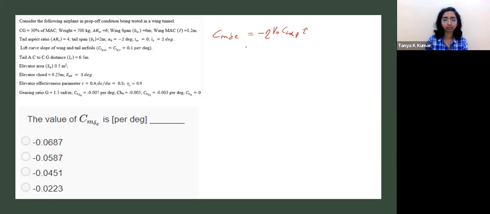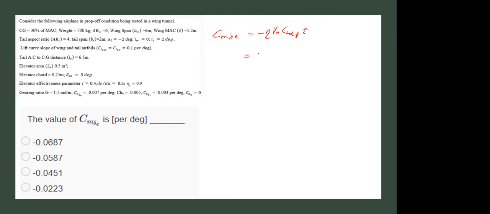How do we calculate this? Minus 0.9 into 0.9 again.